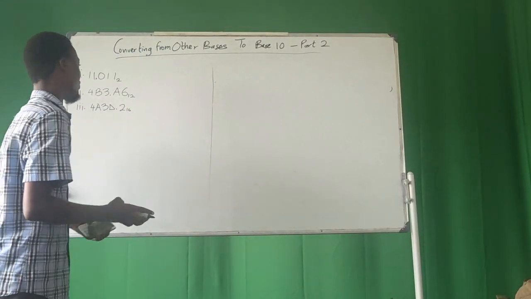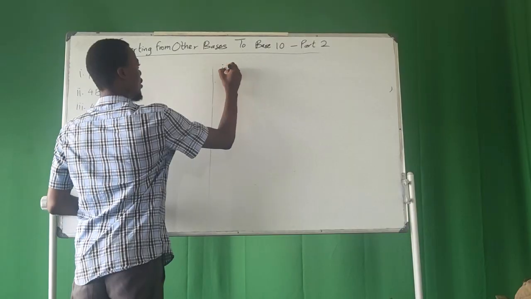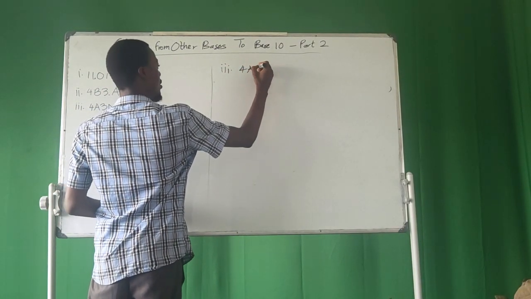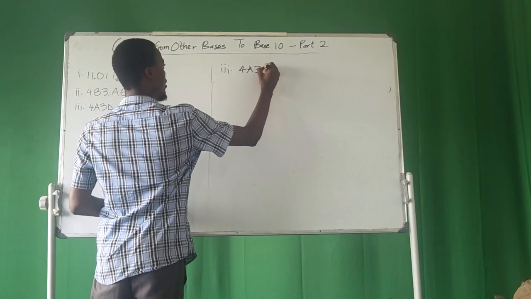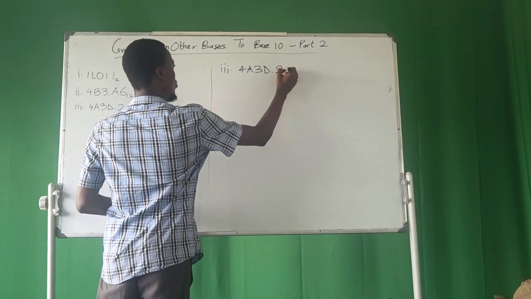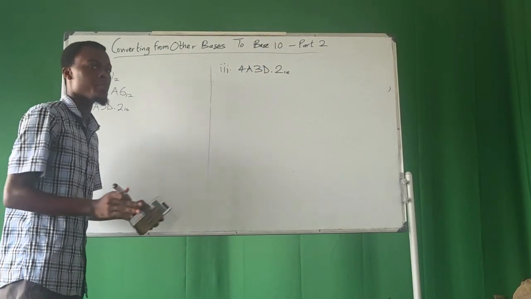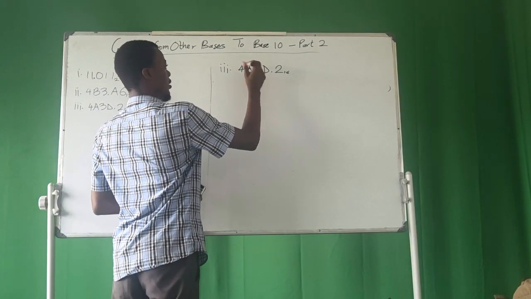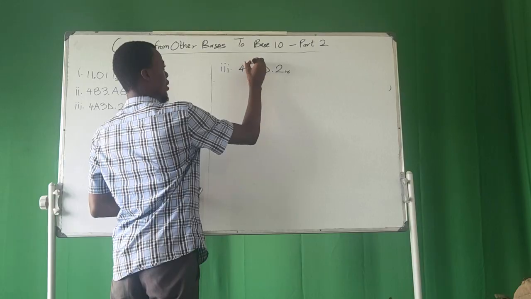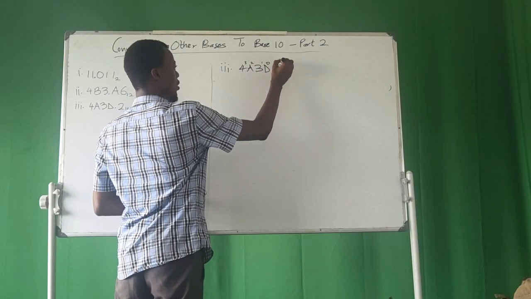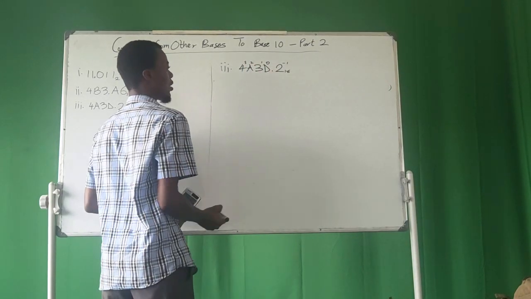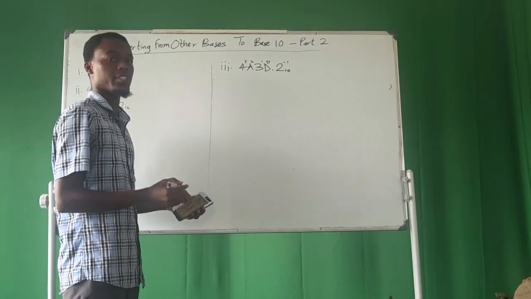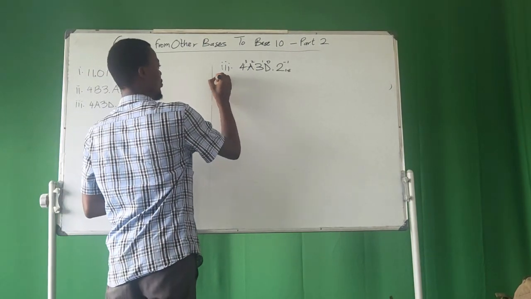So now we have 4A3D.2 base 16. With the same principle as I said, since we have the powers 3, 2, 1, 0, and minus 1, always the powers after the point are negative.